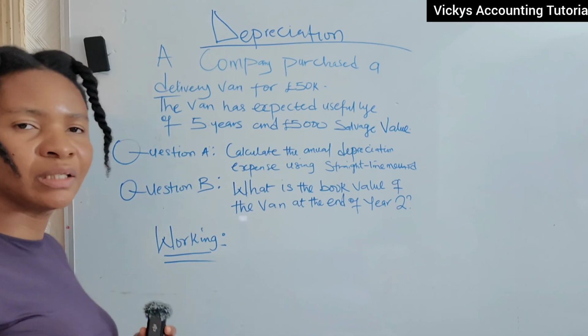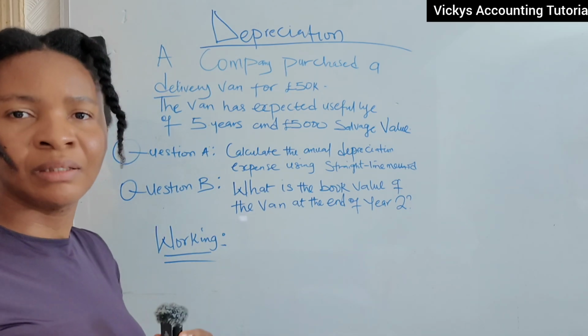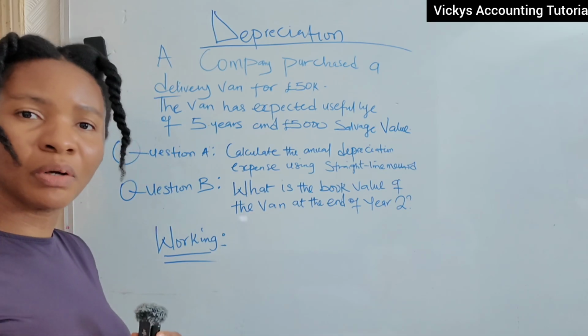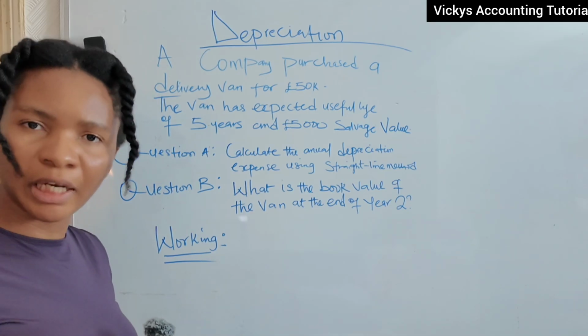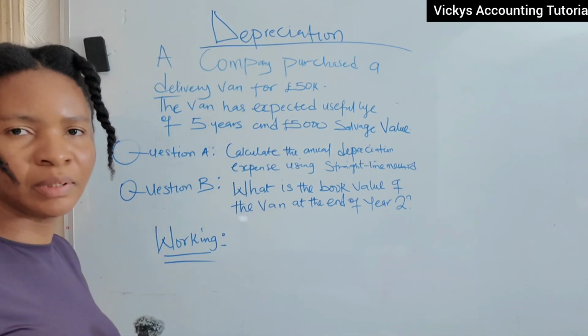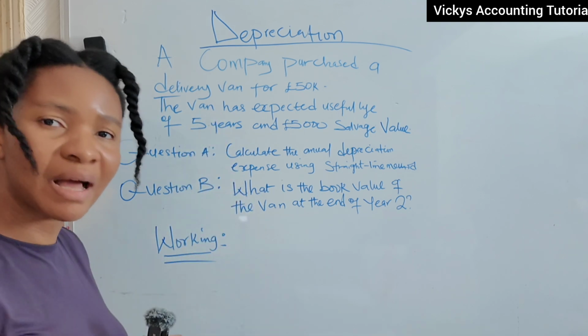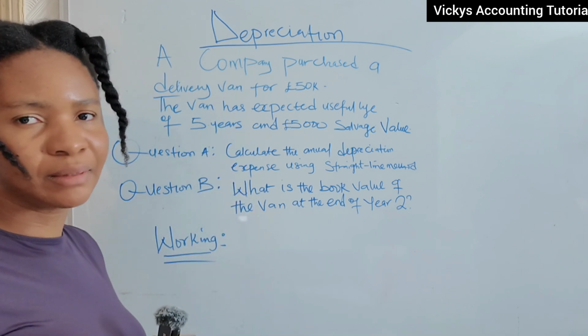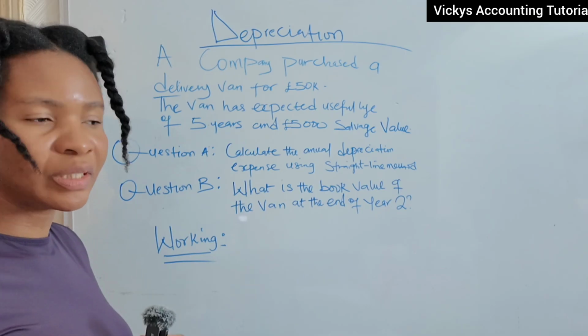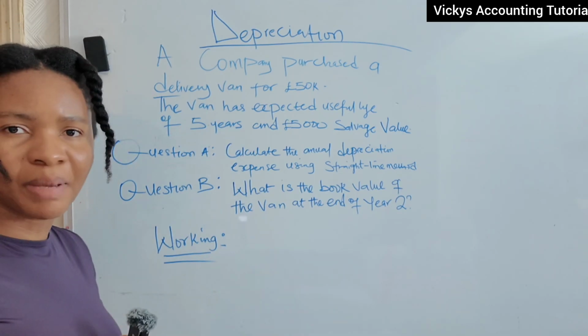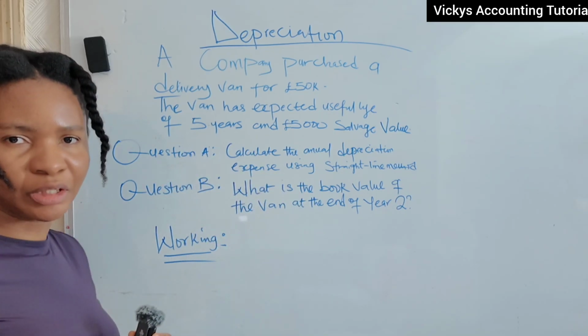For instance, if you purchase a tangible asset, that tangible asset has been bought to help generate future economic benefit, future income. And you have to allocate the cost of that asset throughout the useful life of that tangible asset. So the allocation of the cost of that asset in the profit and loss statement is simply depreciation.